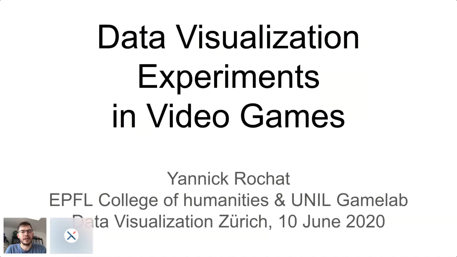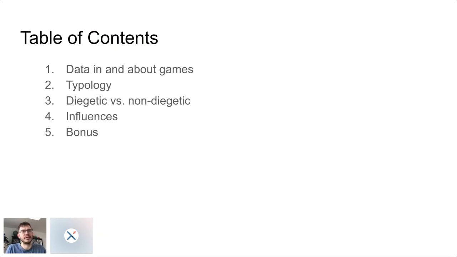So I'll be sketching some things at the beginning. So here is my table of contents. I'll be sketching some of the studies that are being done, and I'll be more focused on the visualization, so the charts, the design itself appearing in the games. So we'll talk a bit about the kinds of visualization that are being used in the games and how it evolved over time. So it's going to be quite short.